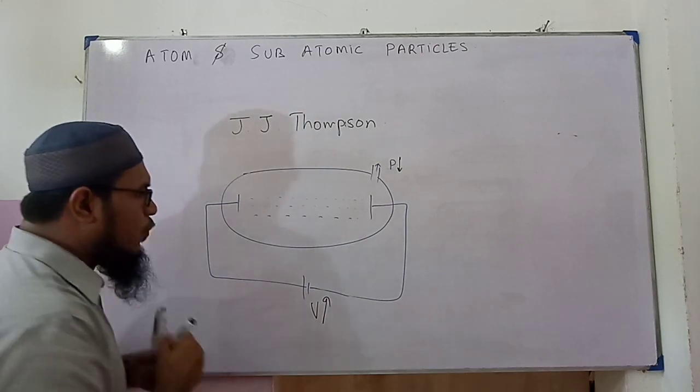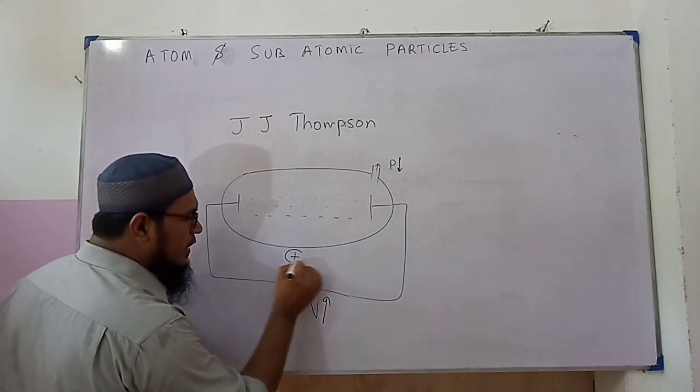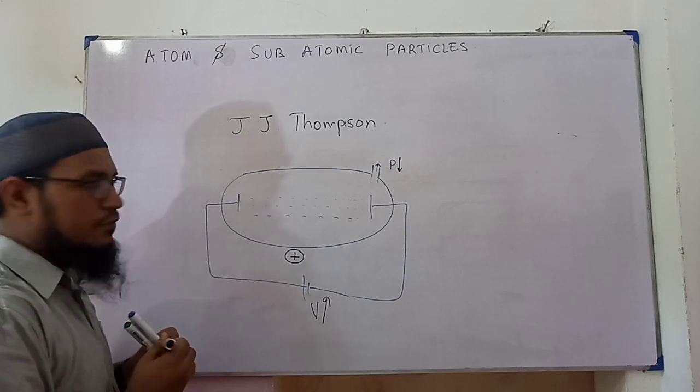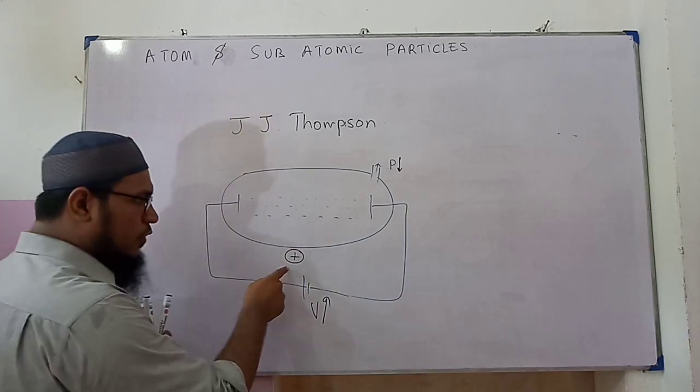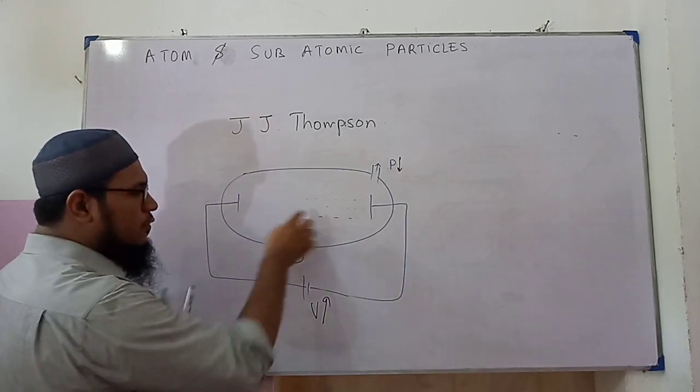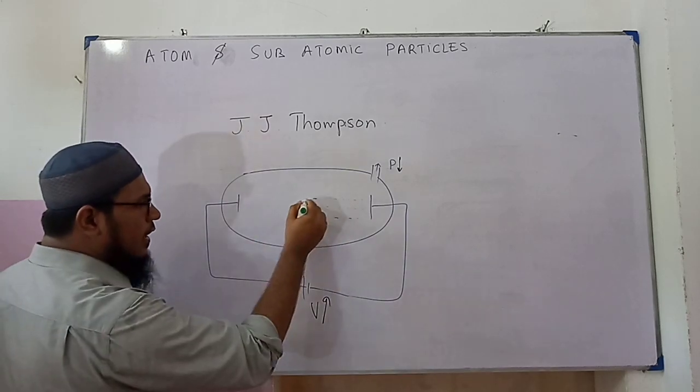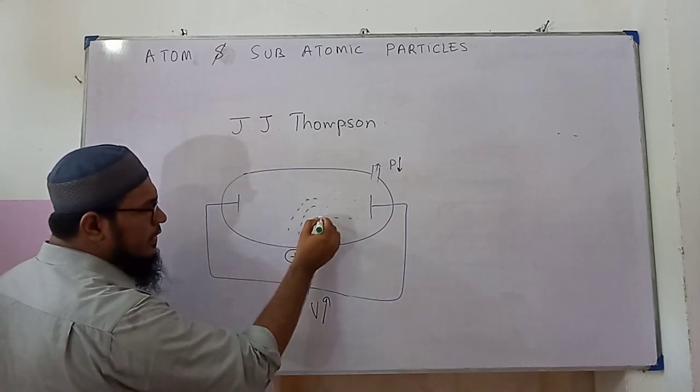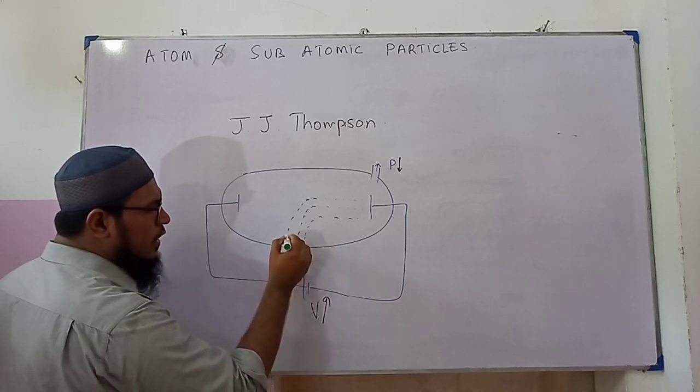When he kept a positive charge here, what happened to this ray? This ray started to bend and get attracted towards this positive charge.